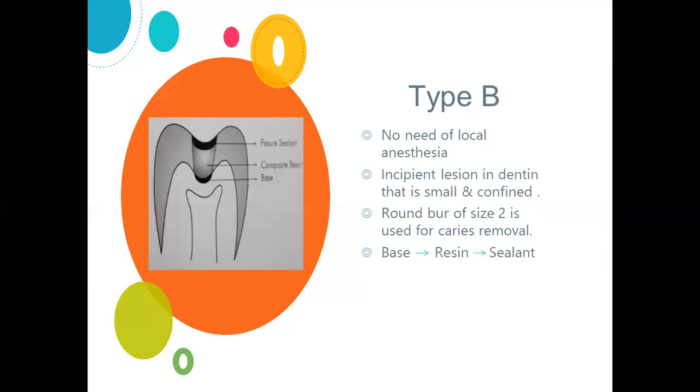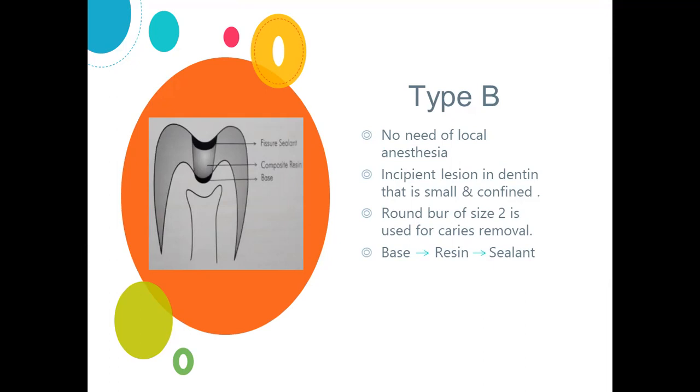In type B PRR, here also local anesthesia is not required. Here the incipient lesion in dentin is very small and confined. The removal of the caries lesion is done with the help of a size 2 round burr. Then an appropriate base is placed in an area of the dentinal exposure.